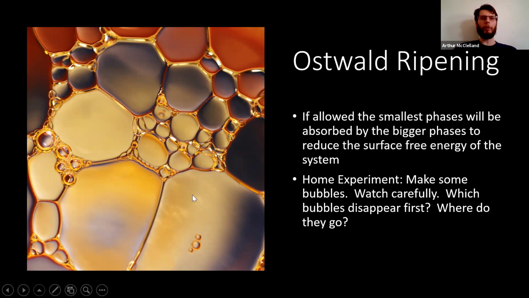It's usually the small bubbles will be absorbed by the big bubble, and the big bubbles will keep growing, cannibalizing the smaller bubbles until eventually everything pops in the bubble example. But even in solid materials, if you start heating them up and you have a polycrystalline phase with different size crystallites, the small ones will be absorbed into the big ones. So this is a phenomenon called Ostwald ripening, and you can make a nice home demonstration of it if you want to think a little bit more about surface free energy and polycrystalline materials and things like that.